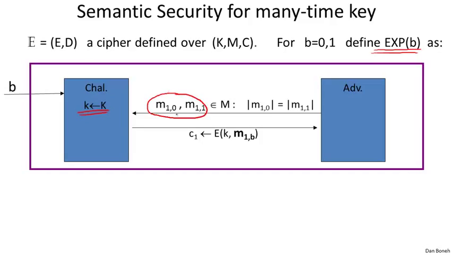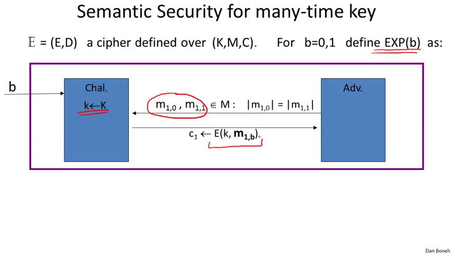I added another index, but let me ignore that extra index for a while. The two messages, M0 and M1, are of the same length, and then the adversary receives the encryption of one of those messages, either of M0 or of M1. In experiment 0, he receives the encryption of M0. In experiment 1, he receives the encryption of M1. So far this looks familiar. This looks exactly like a standard semantic security game.